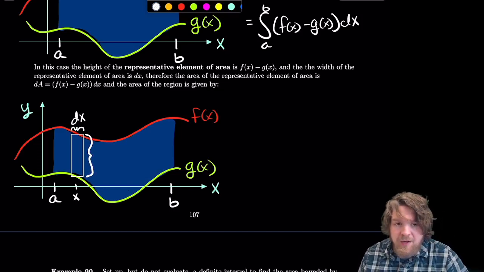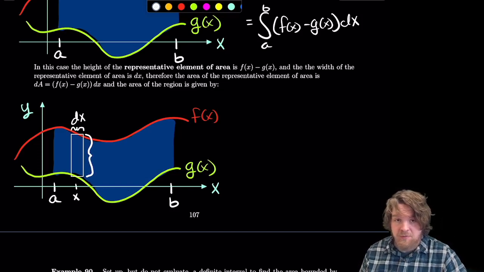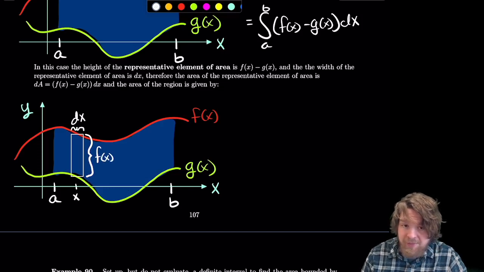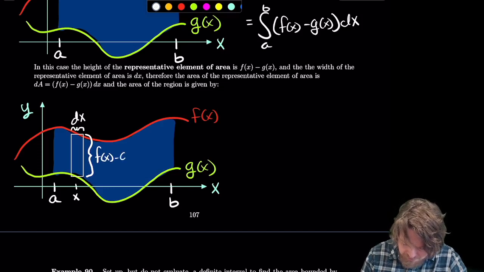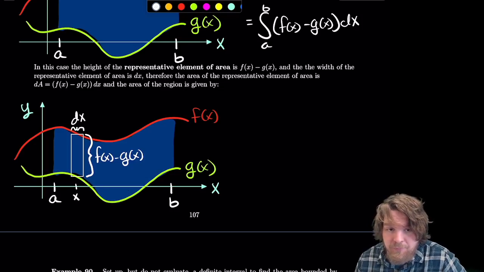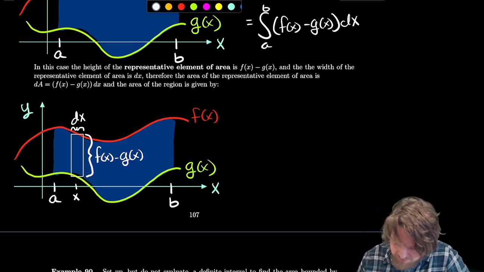Well, the height is just going to be the distance from f down to g. So it's just going to be the difference of f of x, so our function f evaluated at that x coordinate, minus g of x, so the y value at g evaluated at that x coordinate. So now what we have is this little sliver of area, this small piece of area.